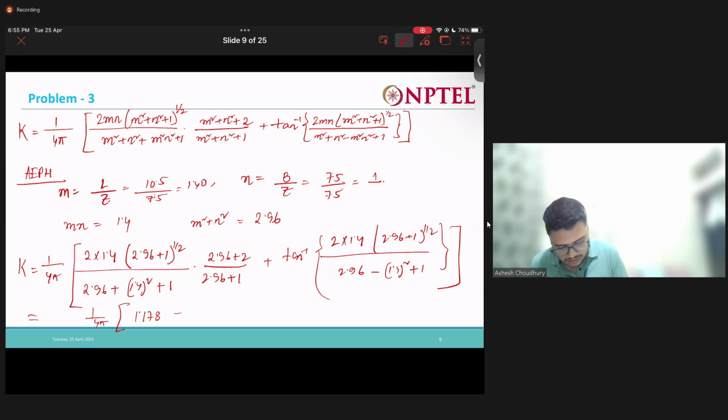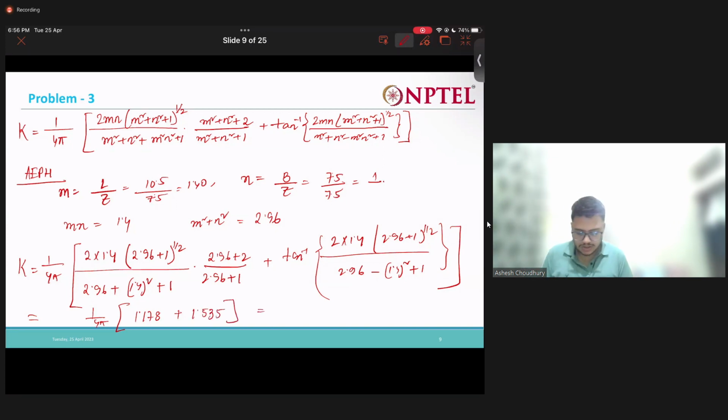0.178 plus tan inverse 2 into 1.4 into 2.96. So 87.89 pi by 180, radians we need to find this out.